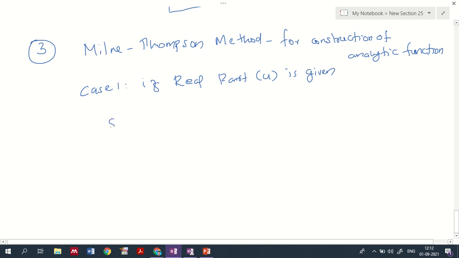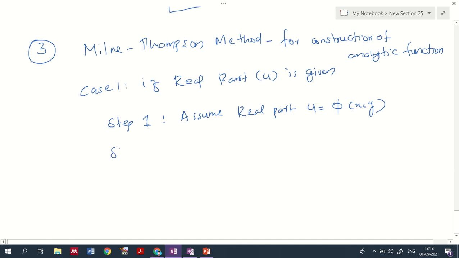Step 1 is to assume the real part u equal to phi of x, y. Okay, u equal to phi(x, y).